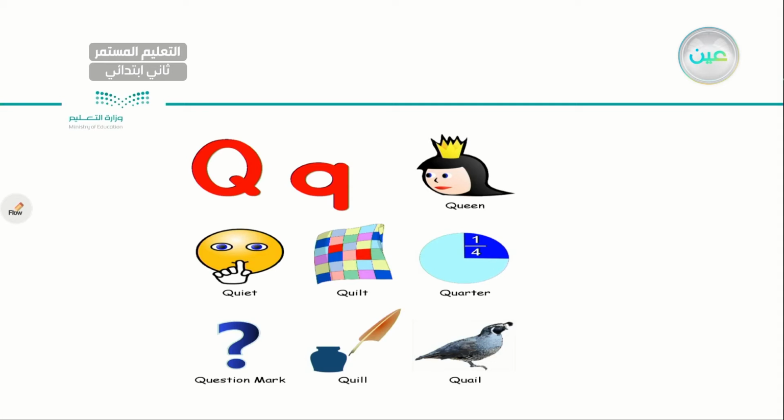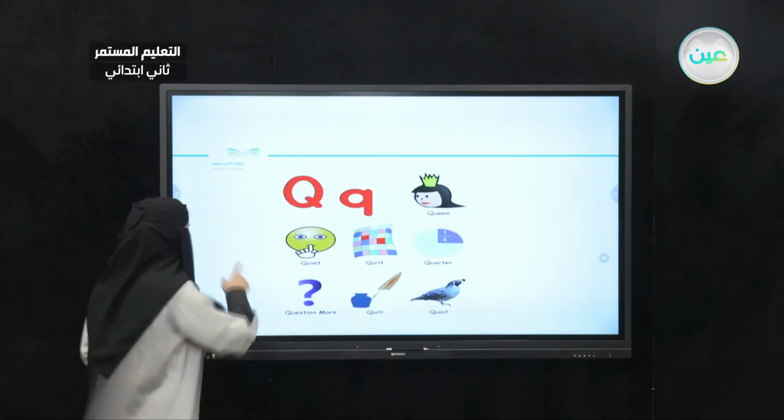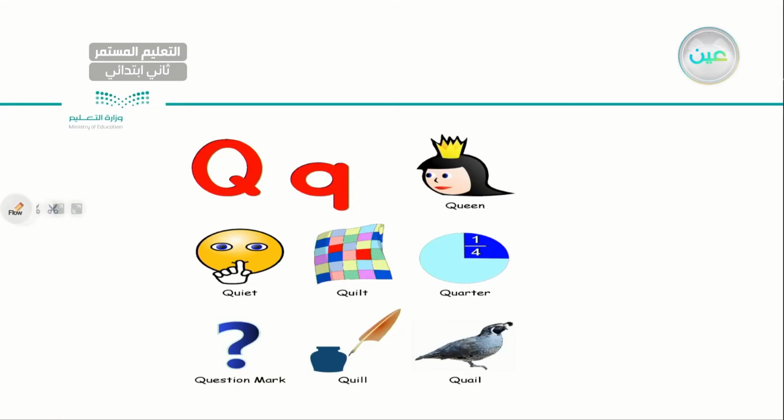Let's read them one more time. Quiet, question mark, quilt, quill, queen, quarter, and quail. Very good. So I have capital Q and small q.